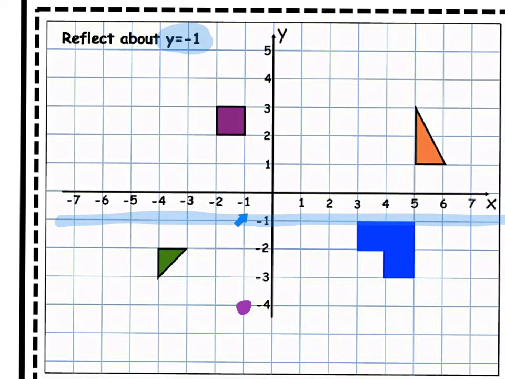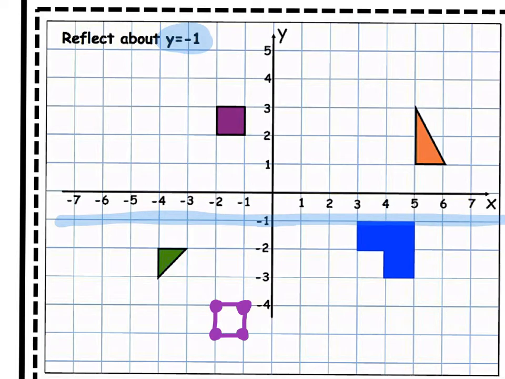I started from my line of symmetry and counted down 3 units. So the distance should be the same above and below this blue line, not the black line. Now, same thing with the other points on my square here. And I'm going to complete out those 4 points. And there is my purple square.